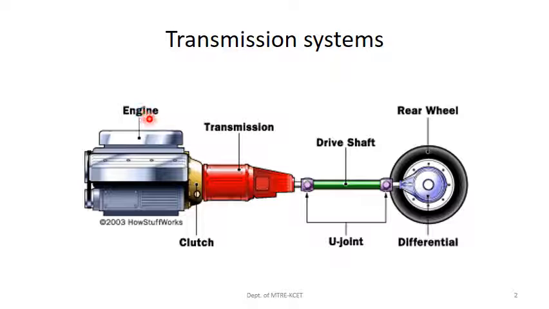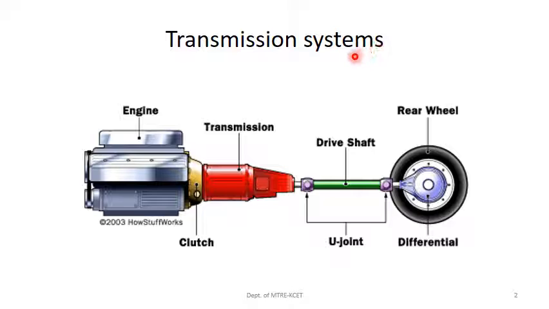In the engine, the rotary motion is developed by using engine components, and the rotary motion is transferred to the rear wheel for transport purposes. In vehicles, the engine and the rear wheel are connected by the transmission system.